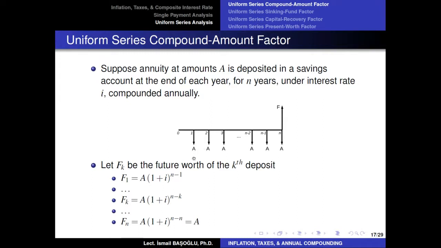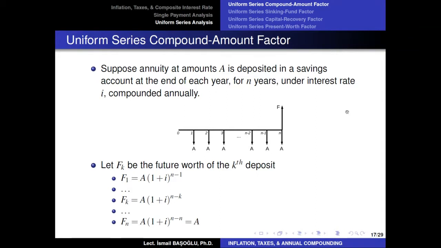Now, how are we going to solve this problem? We are just going to handle each transaction one by one first. So we are just going to ask, what is the future value of our first transaction at the end of n years? What is the future value of the second year's transaction at the end of n years, and so on and so forth.